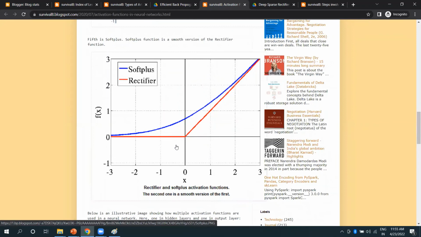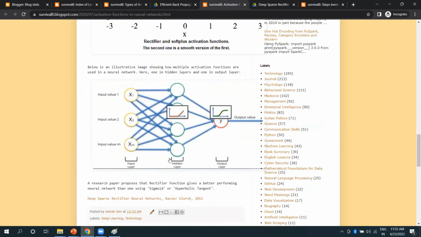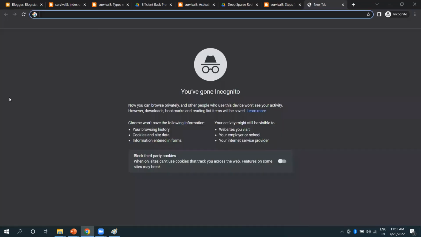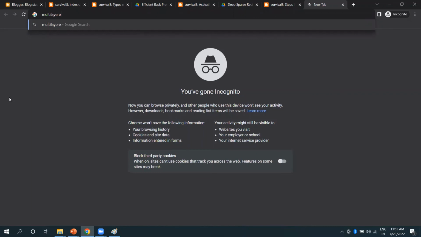In which situation will we be using the different activation functions, sigmoid or hyperbolic tangent? As a rule of thumb, there are various types of neural networks, but take the simple neural network as in the scikit-learn implementation, which is called the multi-layer perceptron, MLP.